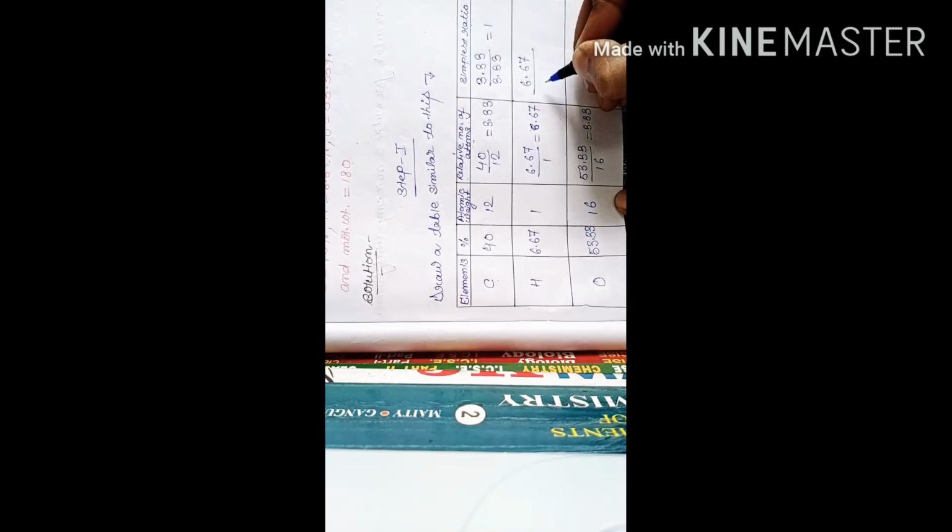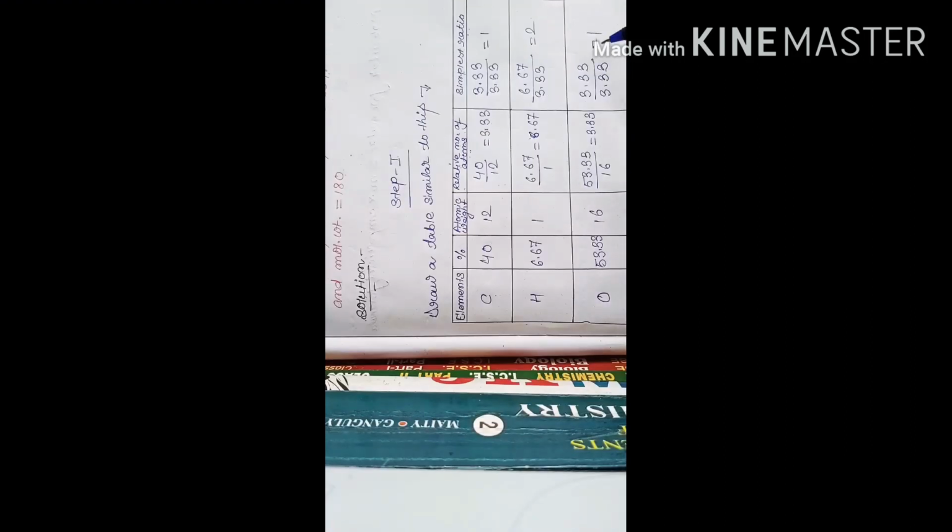For hydrogen, 6.67 divided by the least possible number, that is 3.33, equal to 2. For oxygen, 3.33 divided by 3.33 equal to 1. So we have calculated the simplest ratio of carbon equal to 1, hydrogen equal to 2, and oxygen equal to 1.